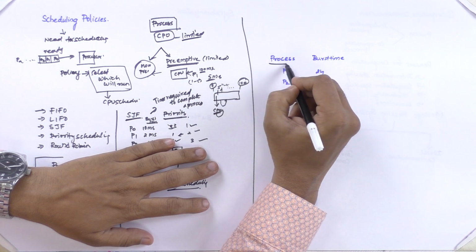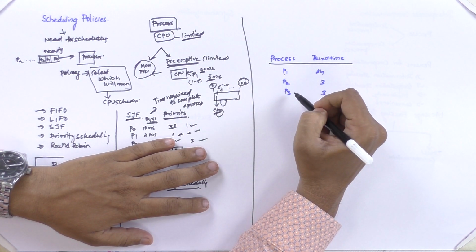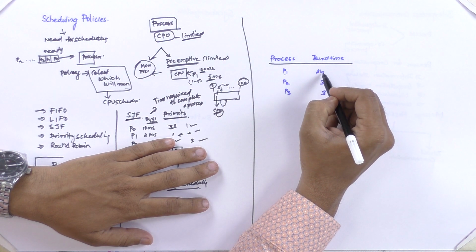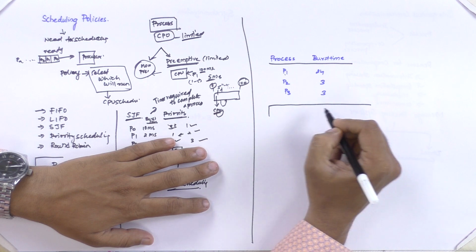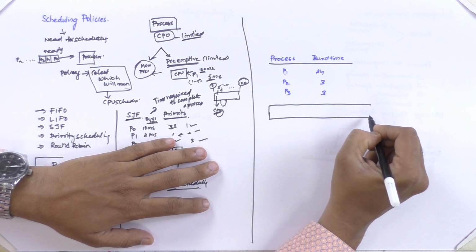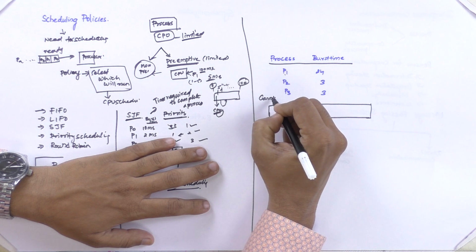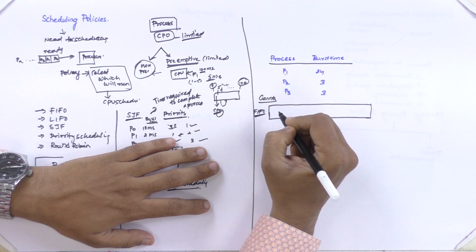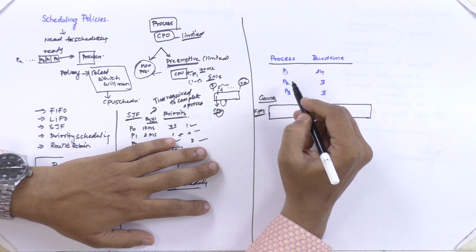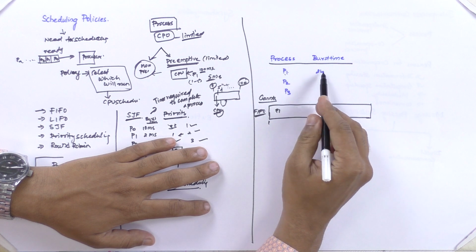Consider processes P1, P2 and P3, and they have burst times of 24, 3 and 3. To check how this works, we use a chart called a Gantt chart, and we'll discuss how FIFO, first in first out, works. The first process to come in is P1.